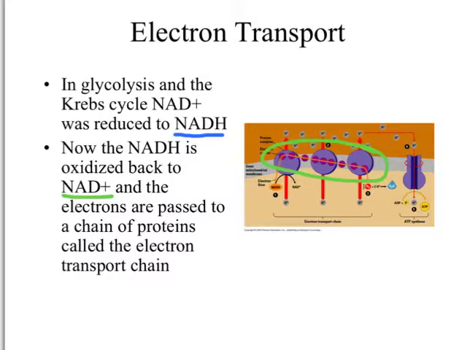You can visualize the NADH coming and just dropping off those electrons within the transport chain, and then going back to get more from glycolysis and Krebs cycles. So again, these high energy electrons are passed from the NADH to the electron transport chain.